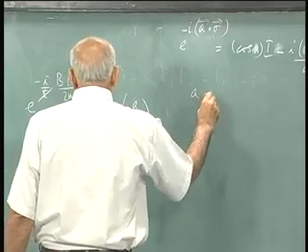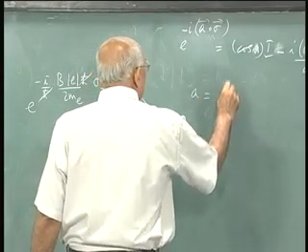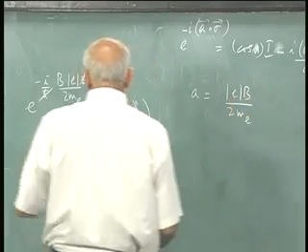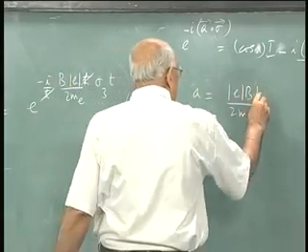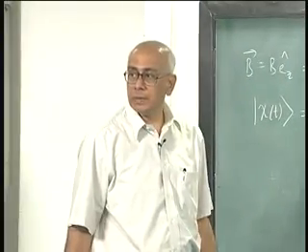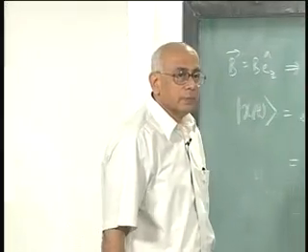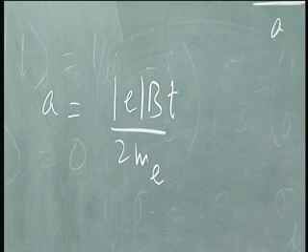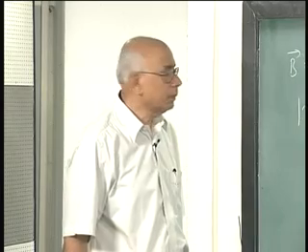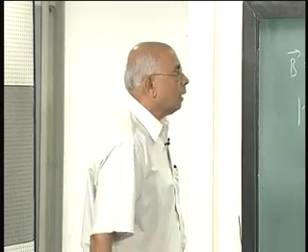A in this problem is equal to modulus eB over 2m multiplied by time. Agree? So what would happen here?